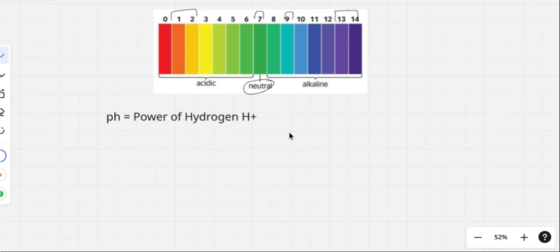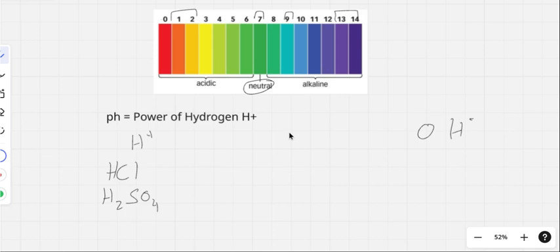Now, we know that acids release hydrogen ions, but bases, on the other hand, release hydroxide ions, also written as OH-. Some examples of acid are hydrochloric acid or sulfuric acid, which is written as H2SO4.